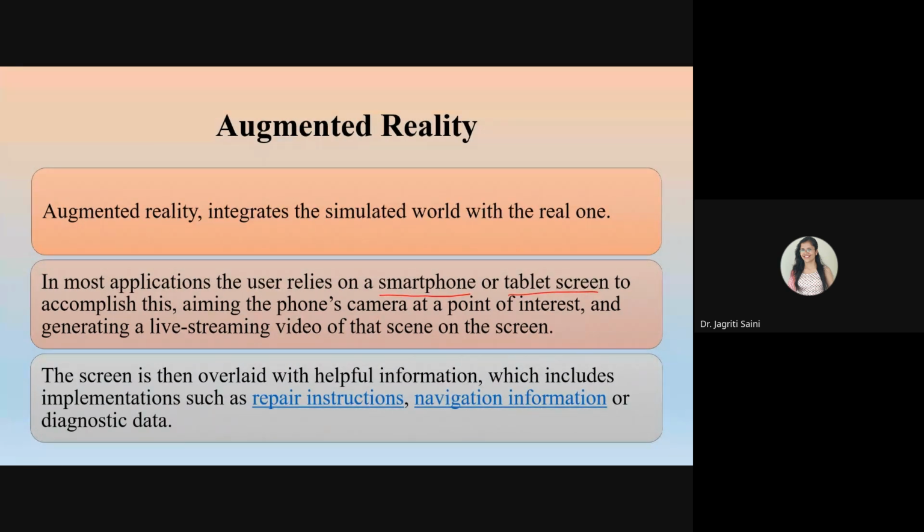Along with this, in order to point at an area of interest, you may use the camera of your smartphone, and you may also need some live streaming option if you want to transmit that scene to some other screen, or maybe you want to project that on a larger screen for your students.